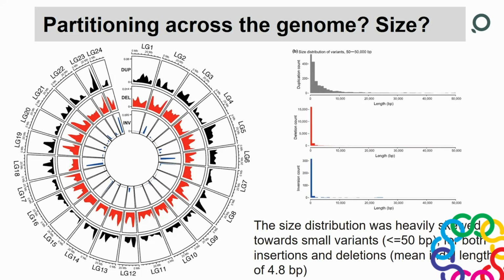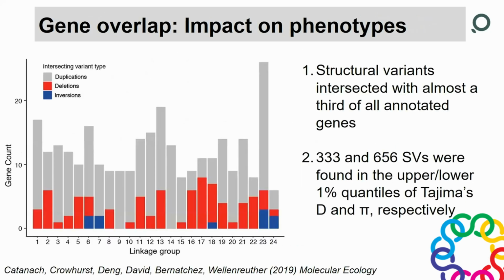And this is a really indirect way to look at it, but I'm going to talk about it very briefly, because what we looked at is how many of these structural variants are actually intersecting partially or fully with genes. And we could see that structural variants intersected with almost 1/3 of all of the annotated snapper genes. So it's quite a lot.